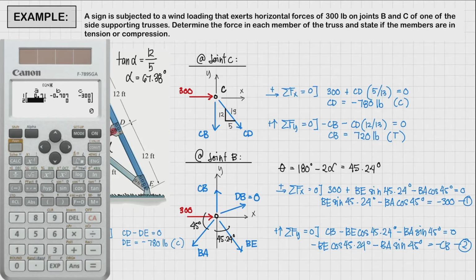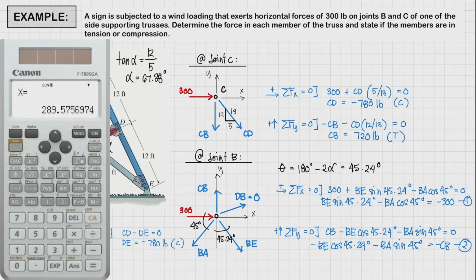Then from our equation 2, our A is going to be negative cosine 45.24 degrees. And then our B is going to be negative sine 45 degrees. And then for the constant, it's going to be negative CB, which is 720. So I have negative 720 equals.